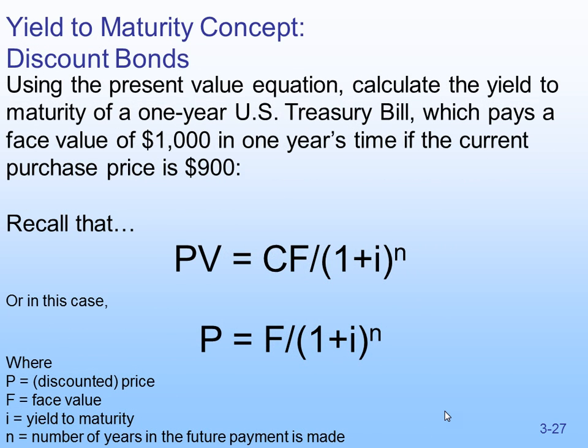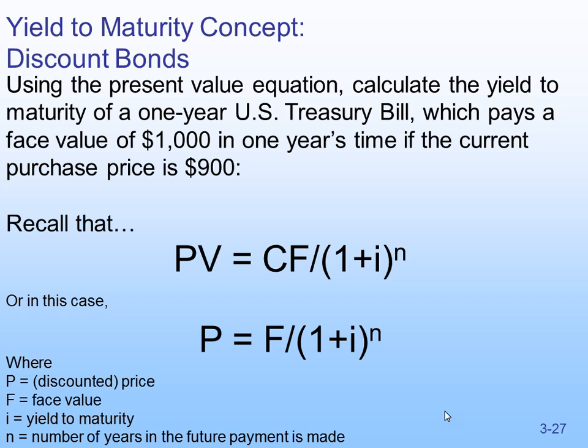So using this present value equation, make sure that you could calculate the yield to maturity of a 1-year U.S. Treasury bill, which pays a face value of $1,000 in 1 year's time if the current discounted purchase price is $900. So just calculate the yield to maturity of that transaction, that bond that Momo just bought.